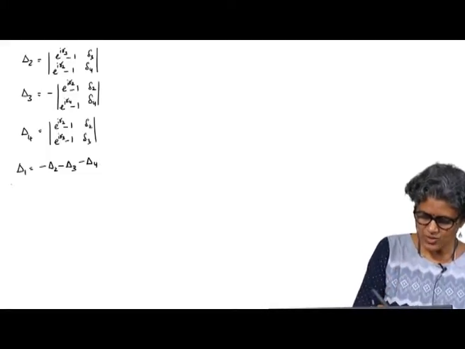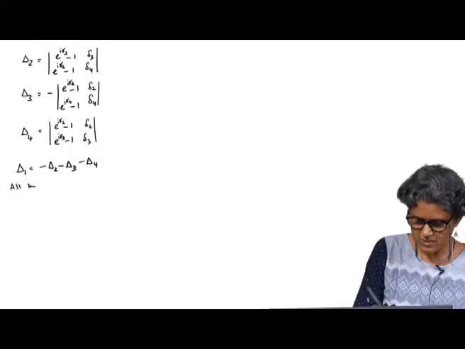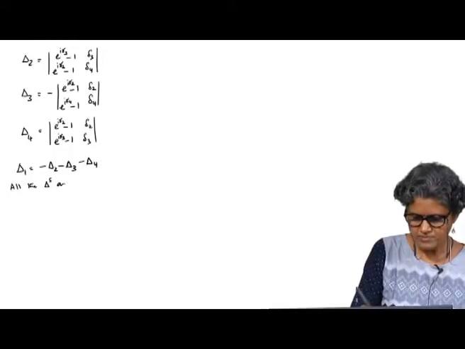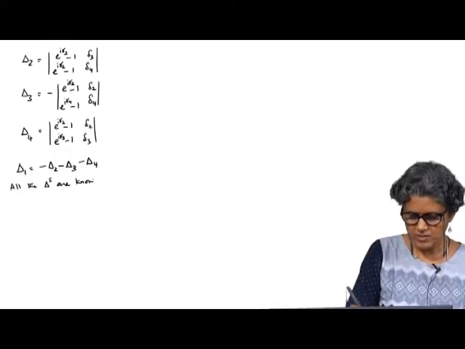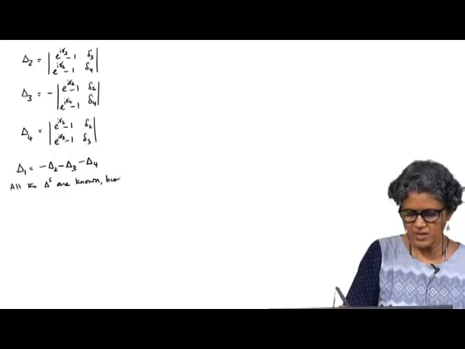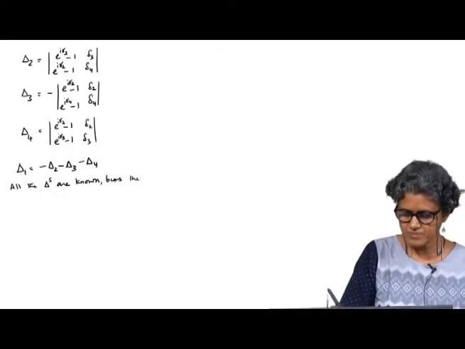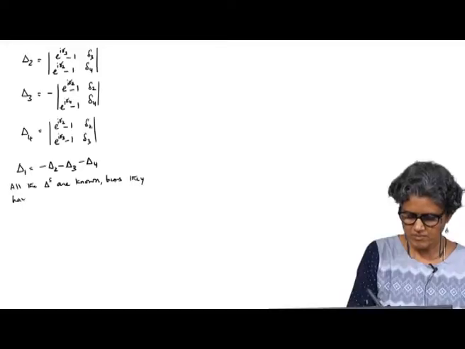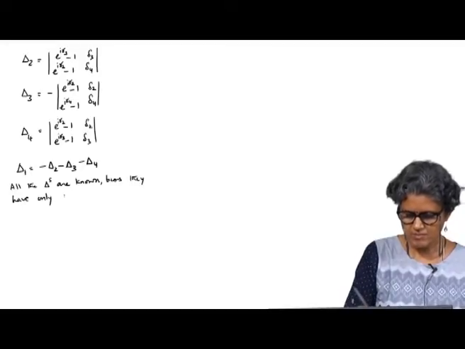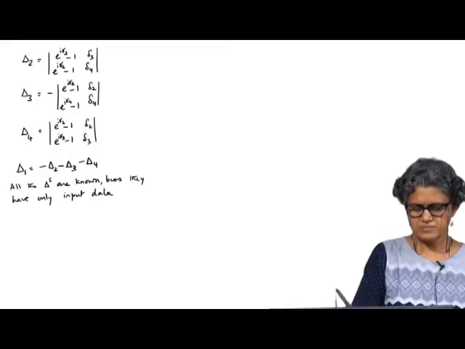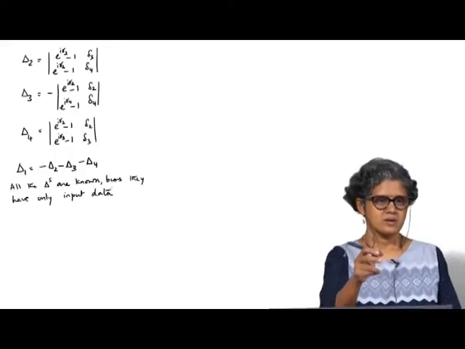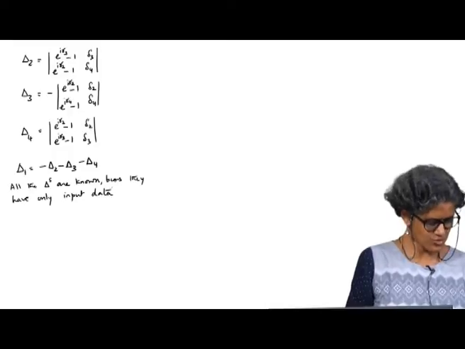All the deltas are known. Why? Because they contain only input data. All the gammas and deltas are known. So, all 4 deltas are known.